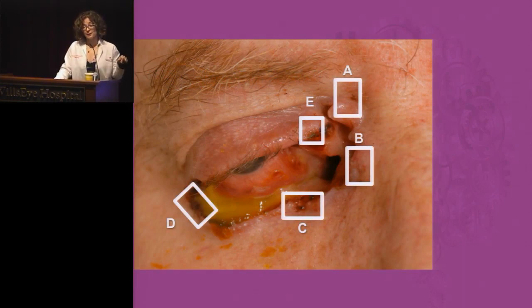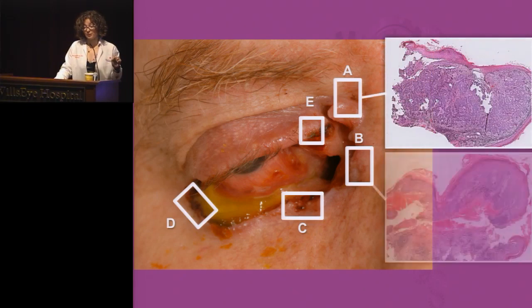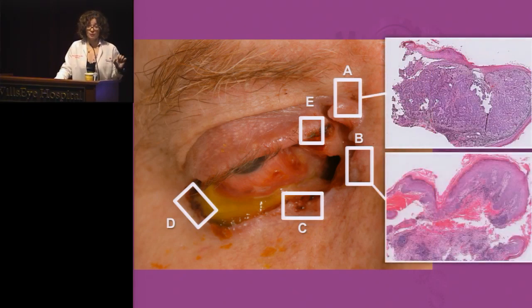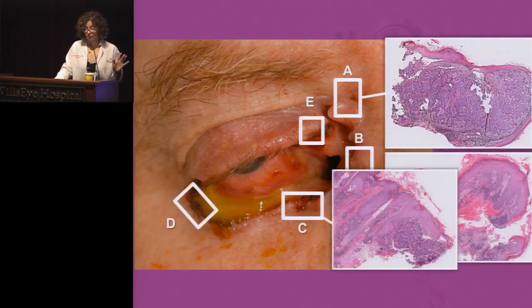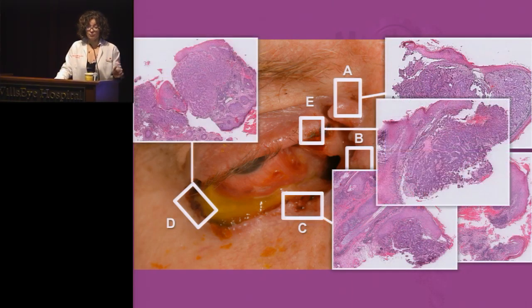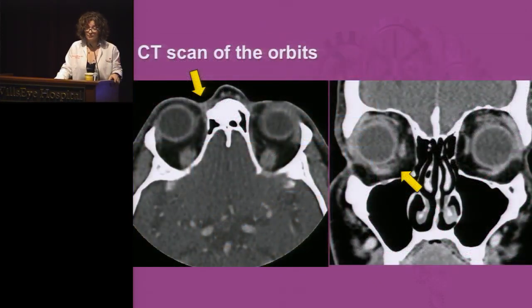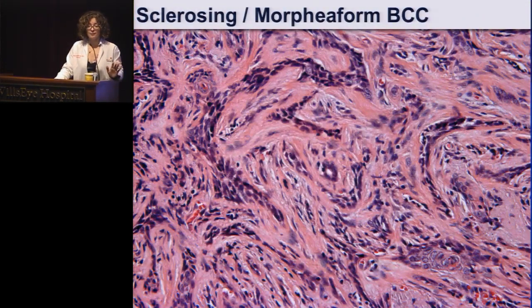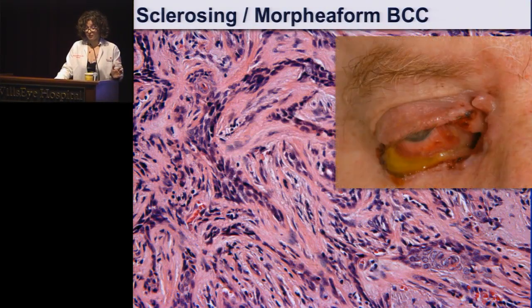So they actually did, on this patient, multiple biopsies to confirm that this was indeed basal cell extending everywhere. And as you can see, all biopsies came back positive for basal cell. They also did imaging, which showed deep involvement of the orbit with a potential focus of bony involvement, okay? So based on all of that, they decided to proceed to exenteration, okay?